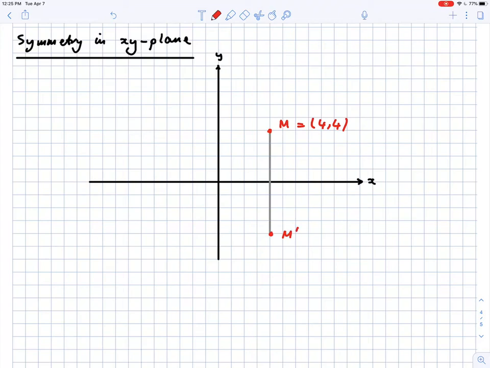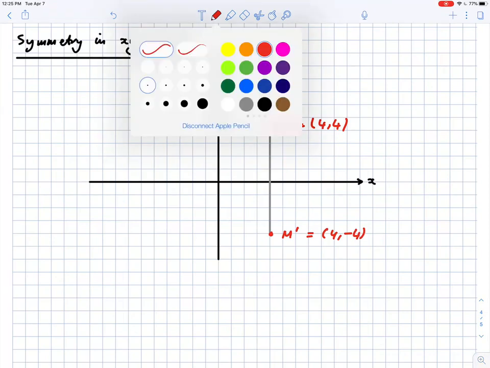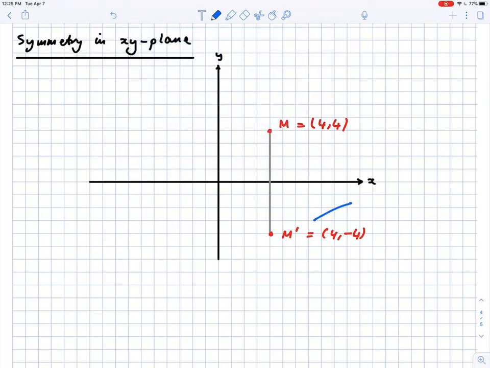Well, I'm going to call it M prime. And what's it equal to? If I read it off, it's equal to 4, minus 4. So the x-coordinate stays the same, but the y-coordinate turns into the negative of the y-coordinate above. So this point, I'm going to call the reflection of M in the x-axis.